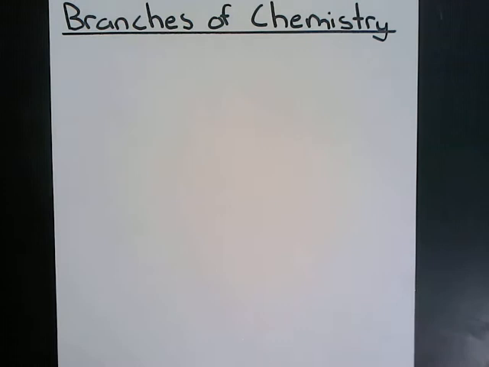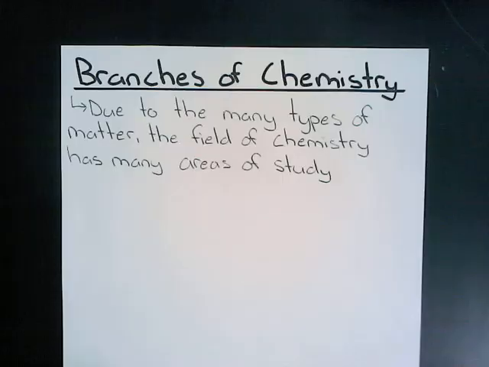Because chemistry deals with matter, which is anything that has space and has mass, and there are so many things in the universe, we have different fields or areas of chemistry that emphasize their study on one particular area. So we divide chemistry into 5 major branches.